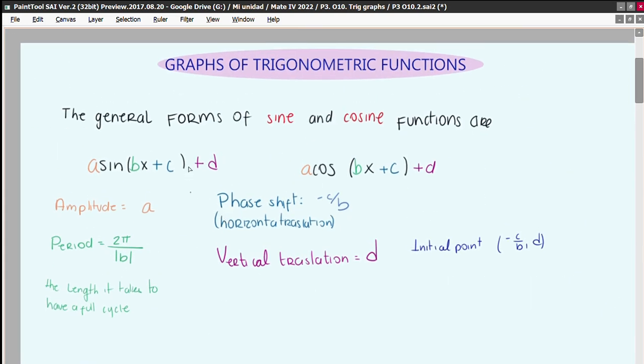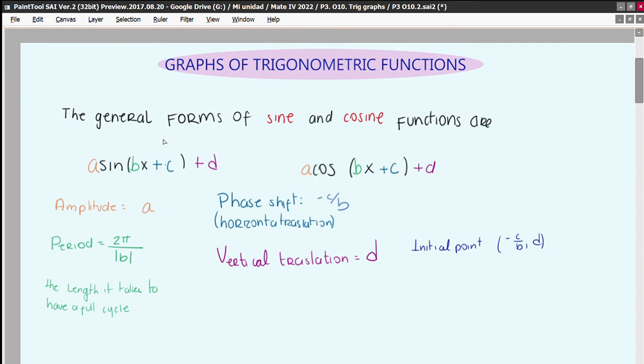Now, if we go back to the general form of sine and cosine, what we're going to see is concepts that we are already familiar with. That is, if we have a constant multiplying the function, that constant is going to affect the amplitude of my function. That is, it's going to stretch it out vertically.